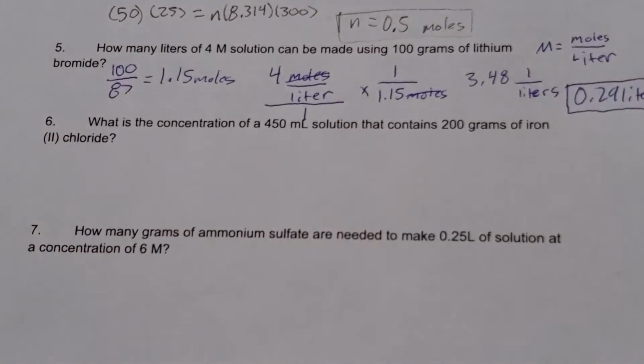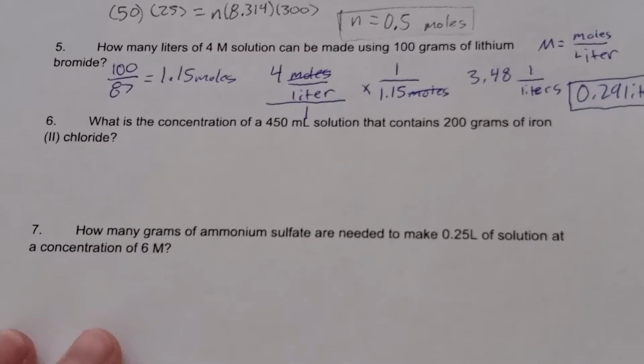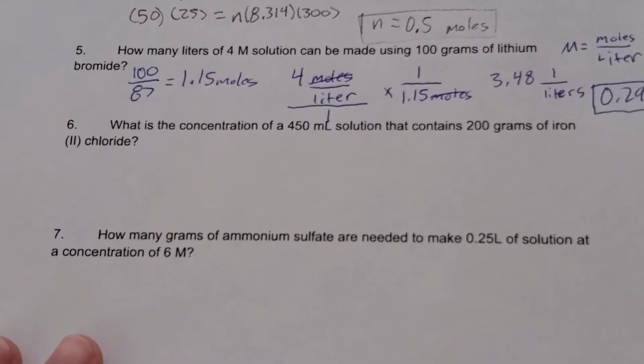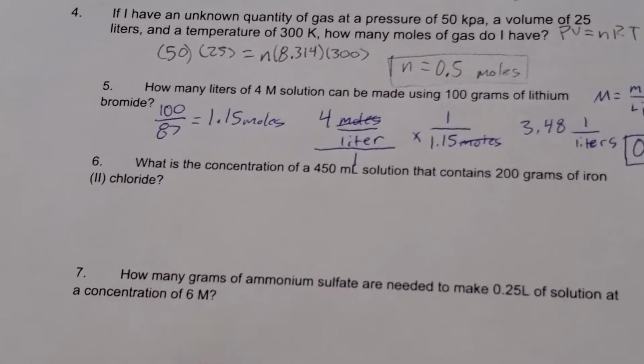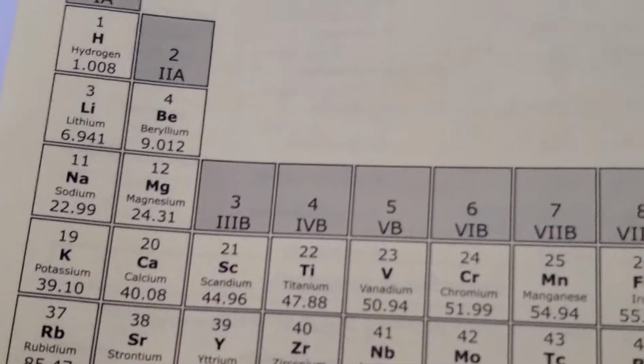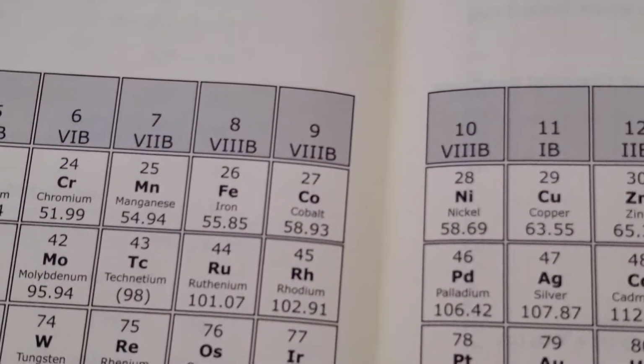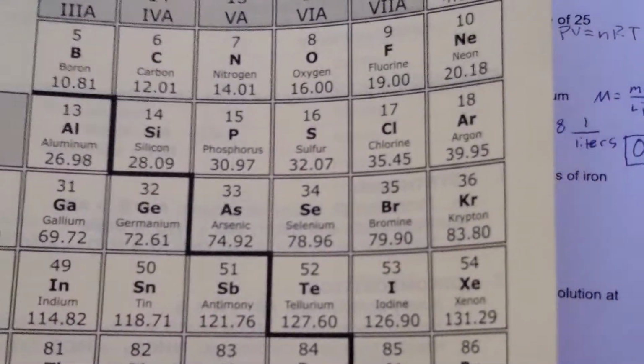What is the concentration of a 450 milliliter solution that contains 200 grams of iron 2 chloride? First things first, we have to find the formula weight. There's iron and there's chloride.